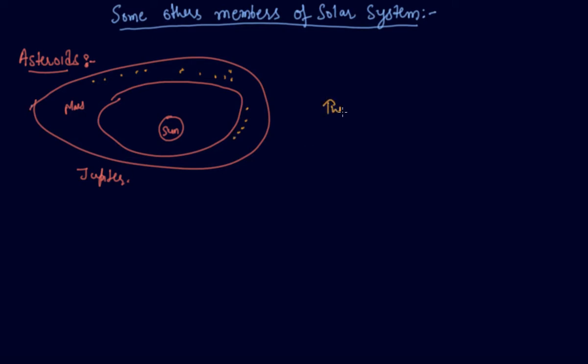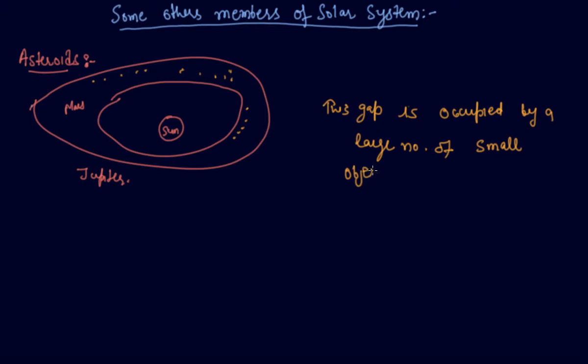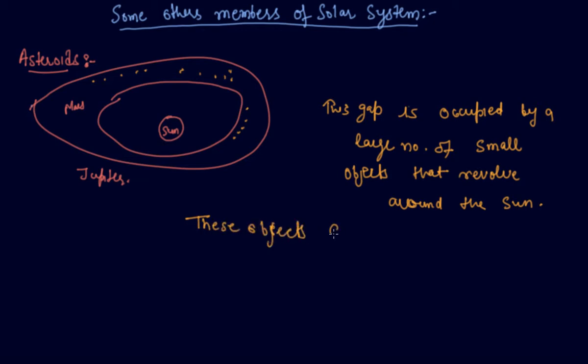And this gap is occupied by a large number of small objects that revolve around the Sun, and these objects are called asteroids.